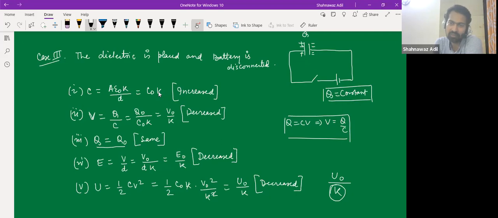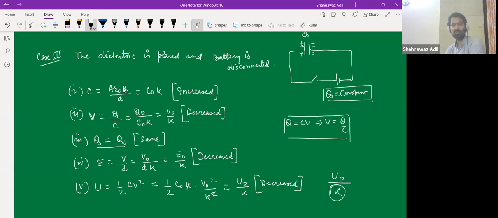Is this clear? Yes, sir. Whenever we add the dielectric it increases by the factor K, because the capacitance is epsilon naught K A by d.